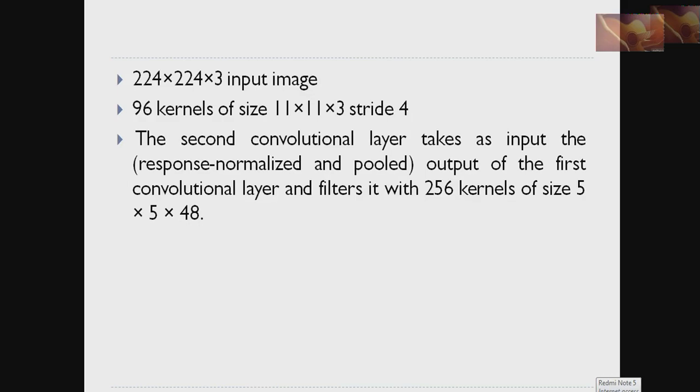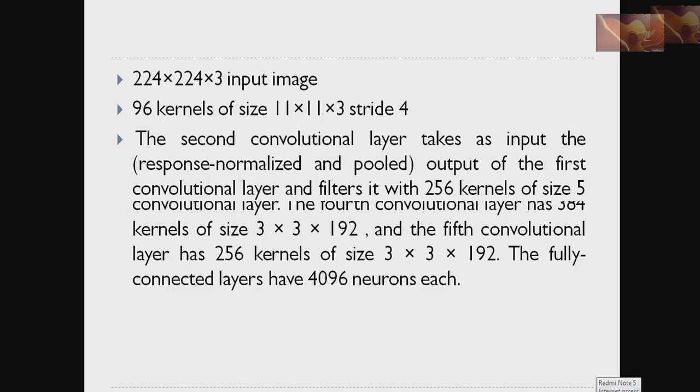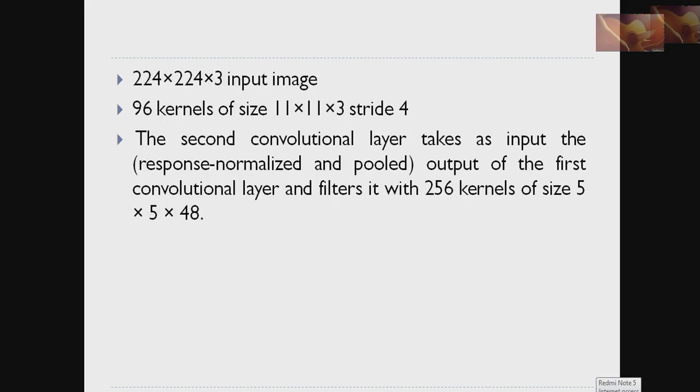So the first layer uses 96 kernels of size 11 cross 11 cross 3. So 224 minus 11, 213 by 4. 213 by 4 means 212 by 4. 4 5 is 20. 4 5 is 20.